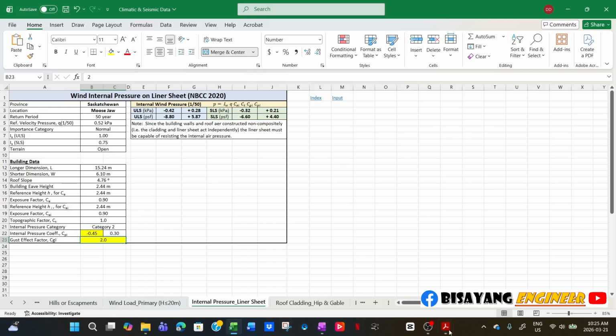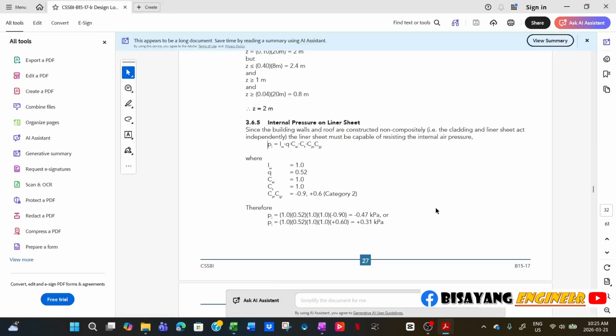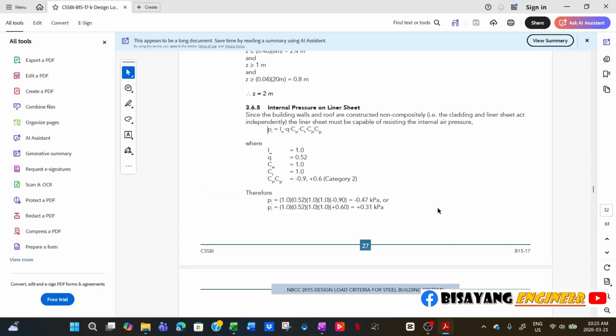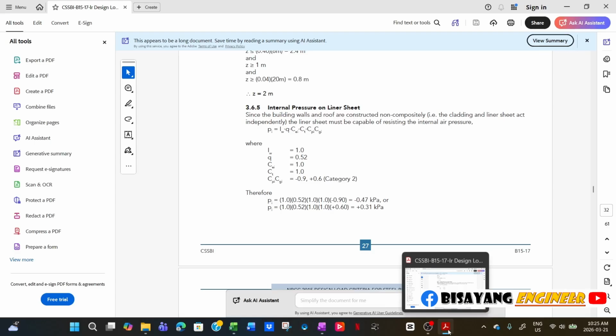Let me go back to the values. CT and CEI are 1, Q is 0.50, CT is 1, CEI is 1.